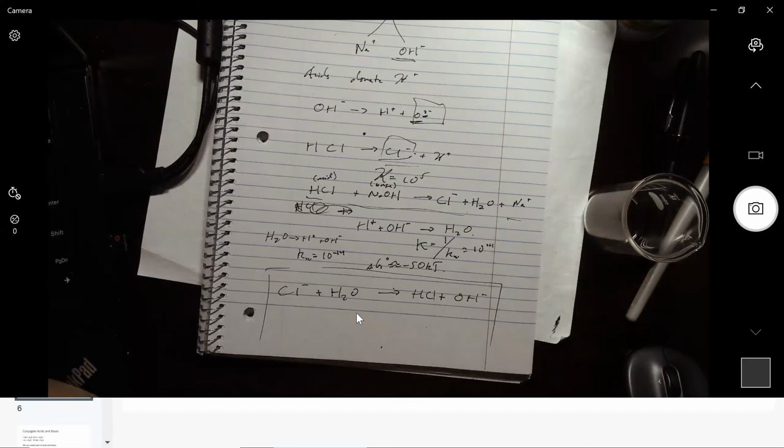So which one is accepting the proton, and which one's donating the proton?